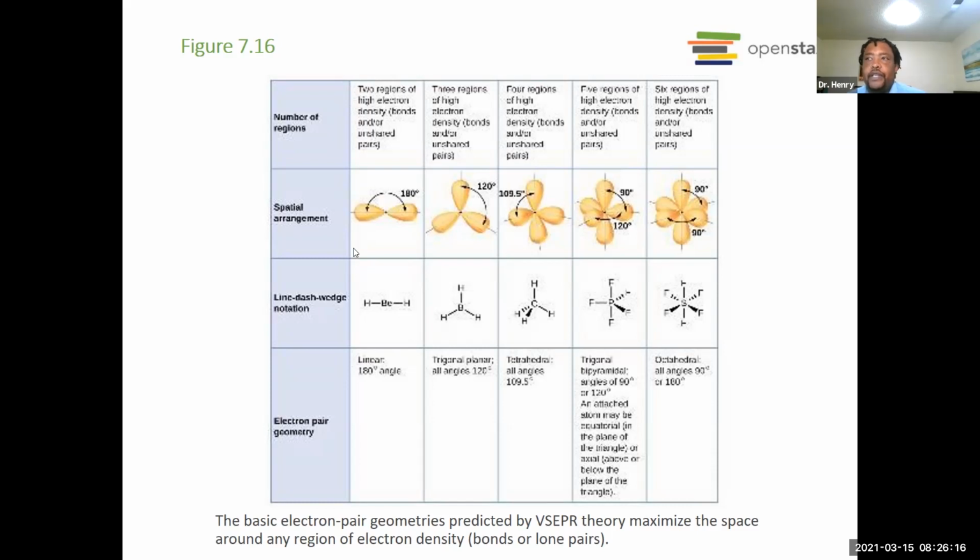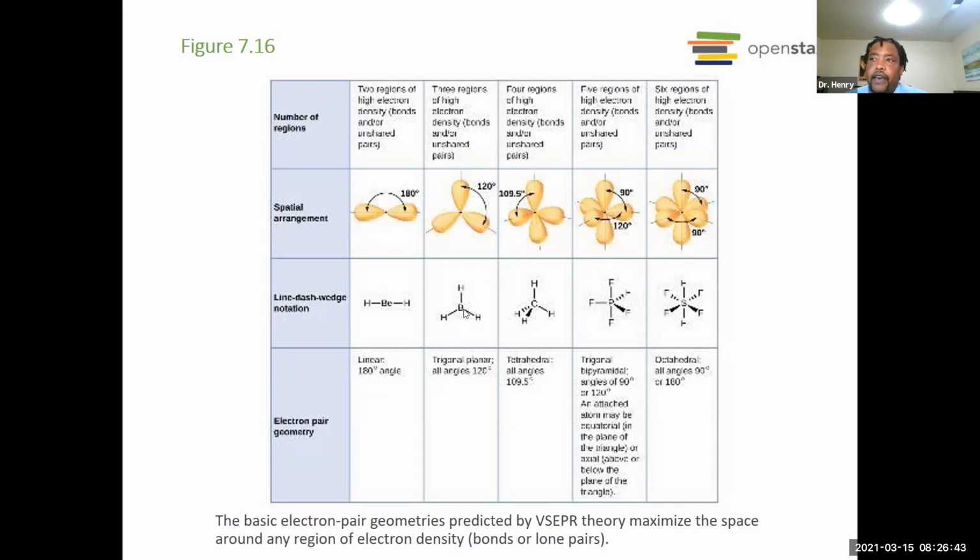It just so happens that the electron pair geometry and the molecular geometry are going to be exactly the same in this circumstance, right? Because in this case, we have H, Be, H, so you have 2 attachments to the beryllium, okay? So in that case, it's going to be linear. The angle is also going to be 180, okay, on both sides.